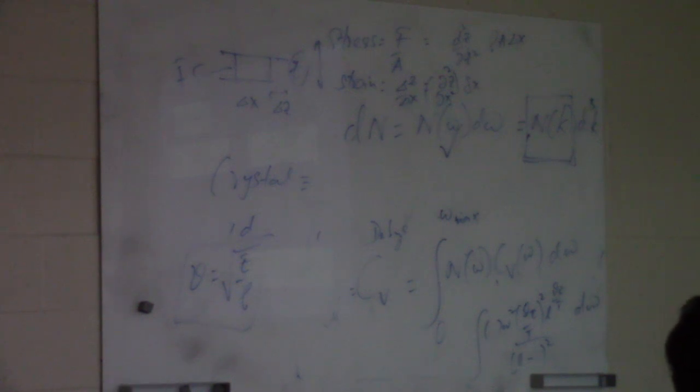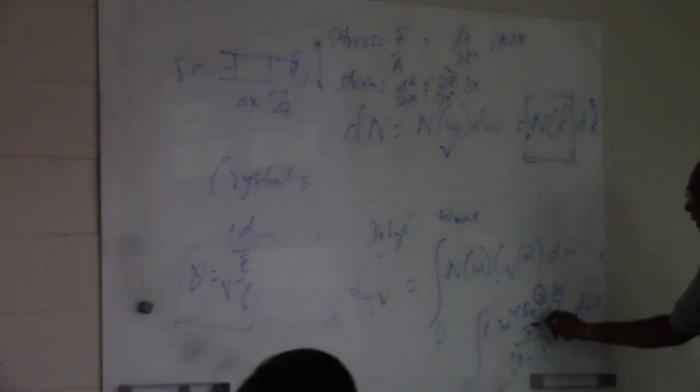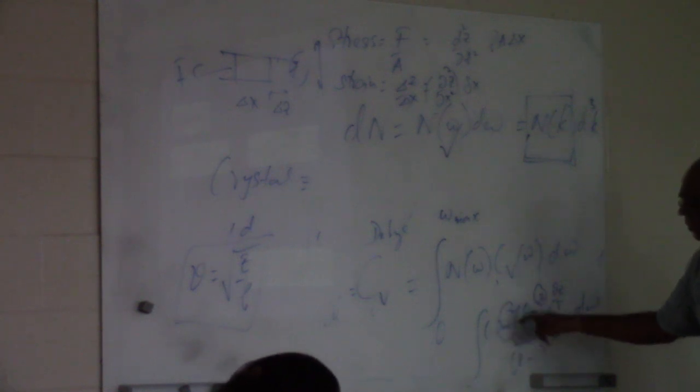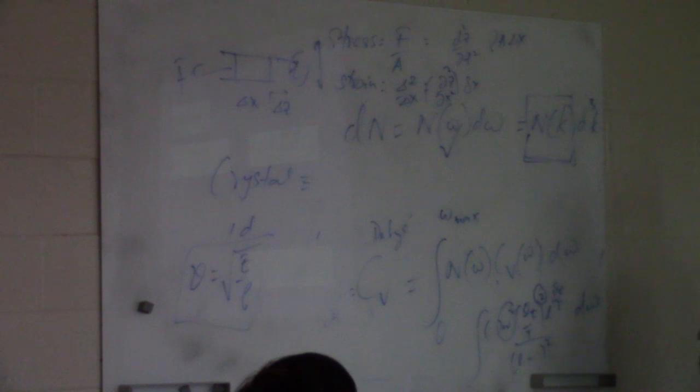That you get omega squared, right? Omega squared, and new omega squared coming from n omega, that becomes omega to the fourth. See, I have omega squared coming from this one, then I had the omega squared coming from n omega, right? That makes it omega to the fourth. You can easily do it.